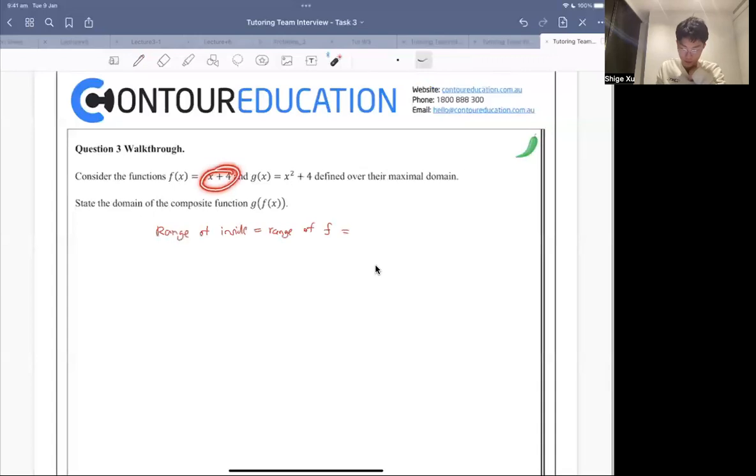So x plus 4 must be non-negative. So that's when x is greater than or equal to -4. When x is greater than or equal to -4, this square root takes values from 0 all the way to infinity. So the range of f is 0 to infinity, and the domain of f is -4 to infinity.